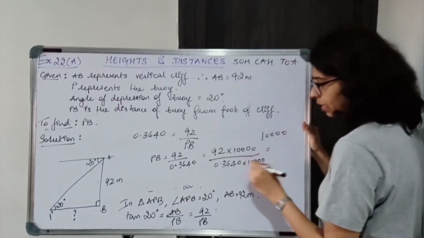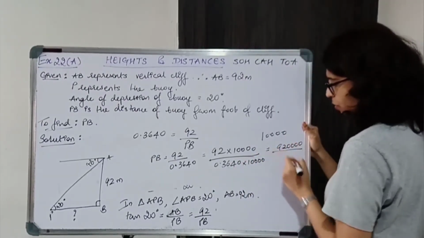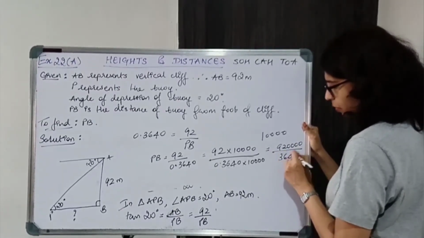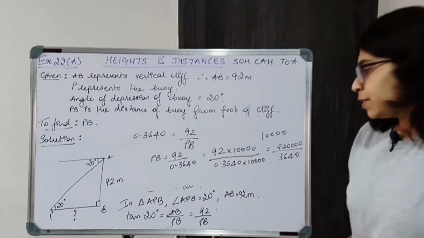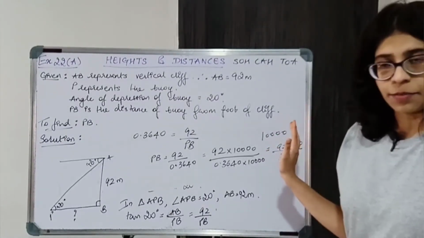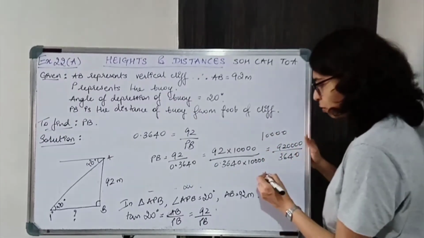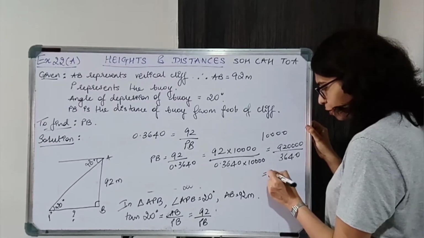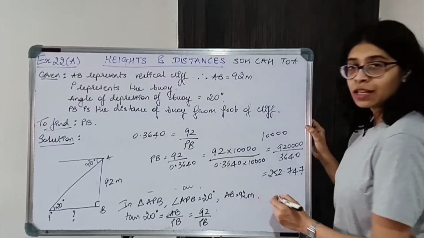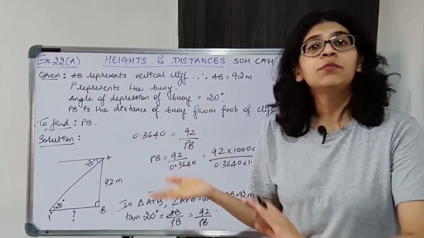So when you multiply, this will become 9,20,000 upon 3640. Now it's easy. You can cancel out and then divide. So 9,20,000 upon 3640 will give 252.747.